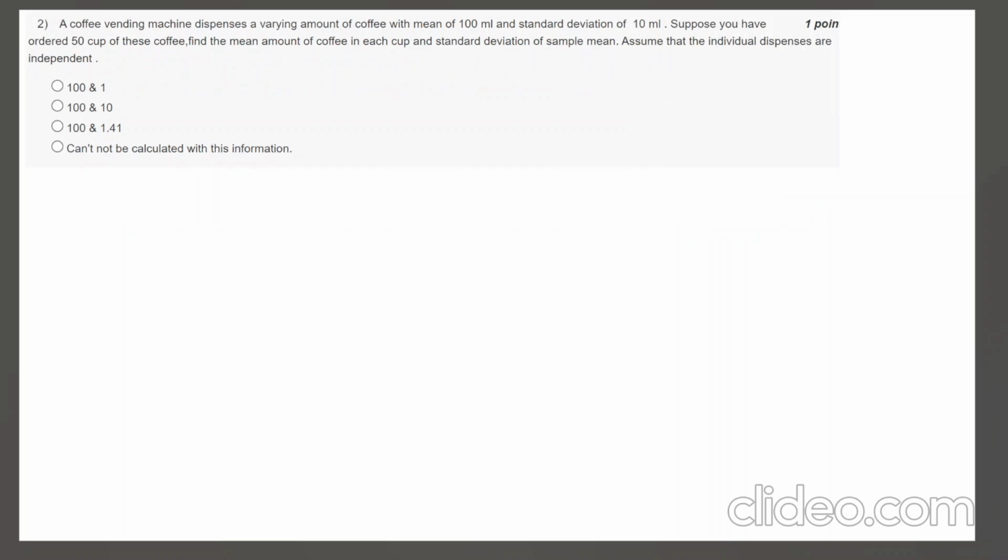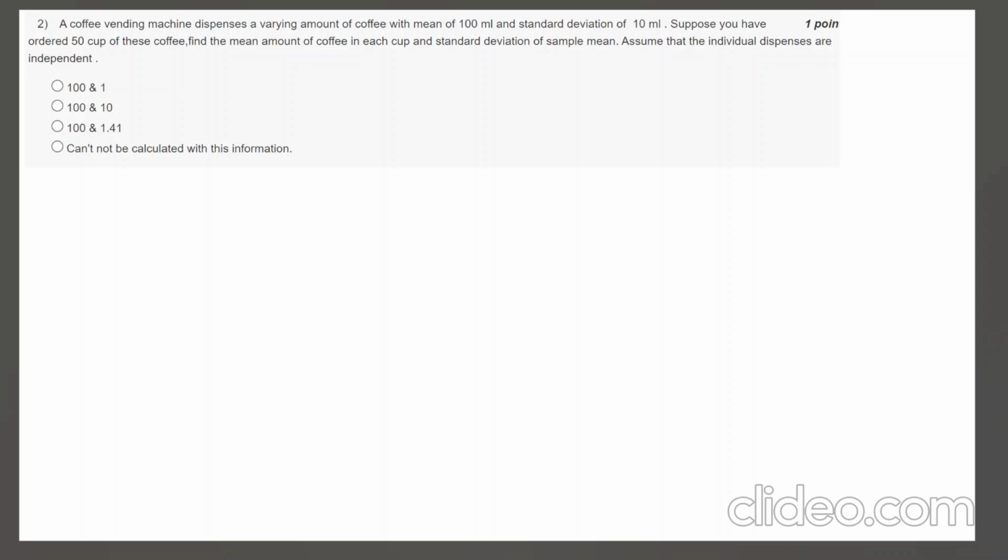So going to the second question. Rather than going to the first question, let me discuss the second question first, then we'll go ahead with the first question. Here, a coffee vending machine dispenses a varying amount of coffee with a mean of 100 ml and a standard deviation of 10 ml. Suppose you have ordered 50 cups of this coffee.